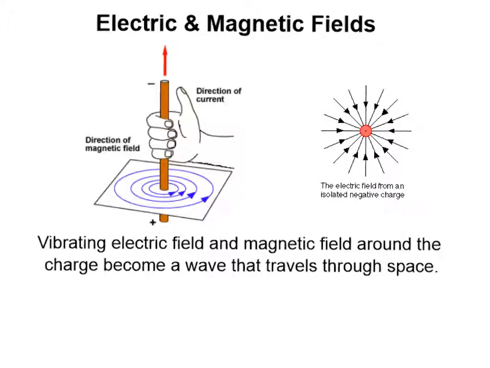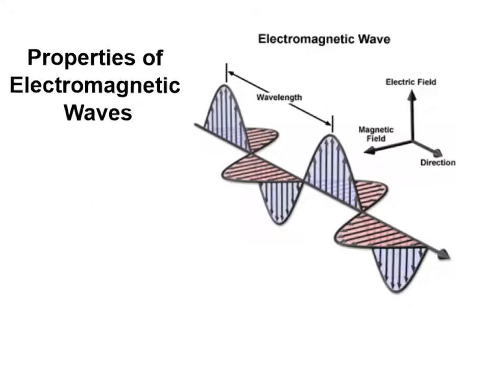And a changing magnetic field generates the electric field, and back and forth and back and forth. This produces a wave. And that wave travels through space. That is the electromagnetic wave, due to the changing electric field and magnetic field interacting and continuing to propagate one another. So let's take a look at some properties of electromagnetic waves.